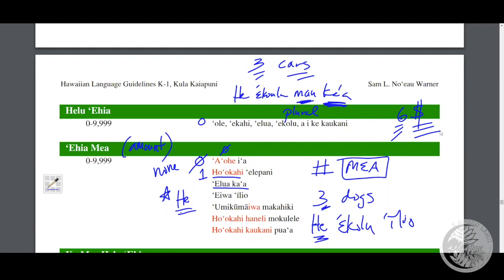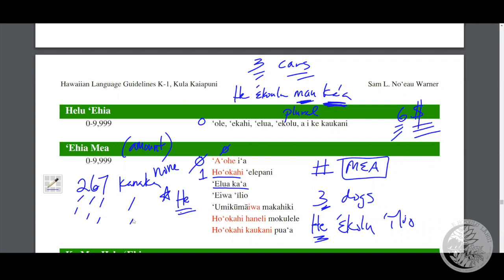Now, when you look at large numbers, just to get an example, maybe I'm talking about 267, I don't know, people, or kanaka. In the same way, I could say ʻelua haneli kanaono kumahiku kanaka. I could say he ʻelua haneli kanaono kumahiku kanaka.